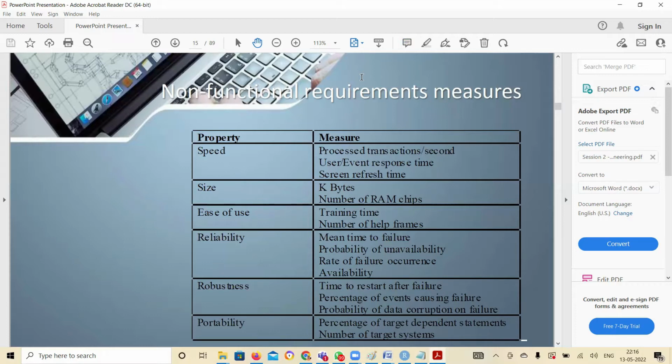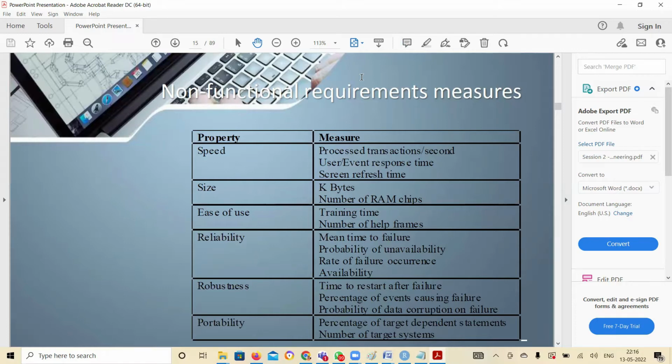In efficiency, speed, we are talking about transactions processed per second. How many transactions you are able to process compared to last year, or last week, or in this minute.